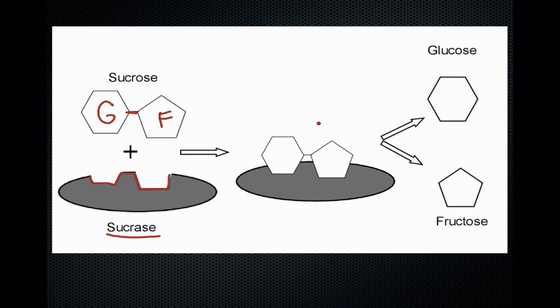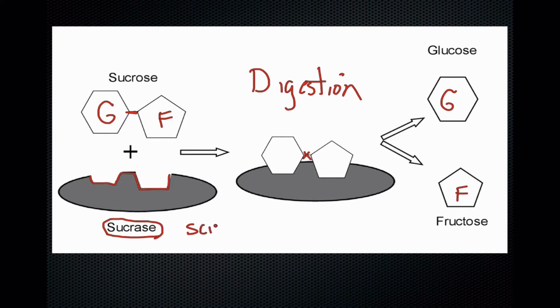They fit together, and the sucrase enzyme is able to break this bond and allow the glucose molecule to separate from the fructose molecule. So this is an example of digestion. Sucrase is a digestive enzyme. It's kind of like the scissors, because it clips that bond, breaking the glucose apart from the fructose. And so these would be the products.